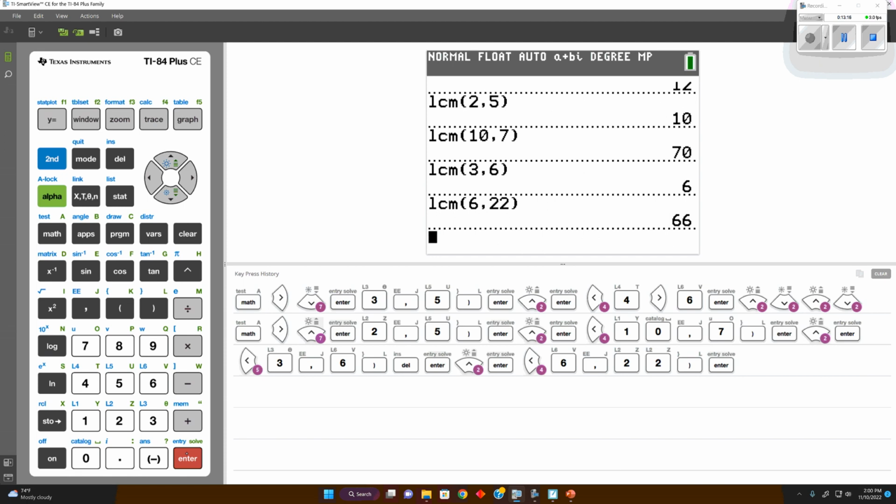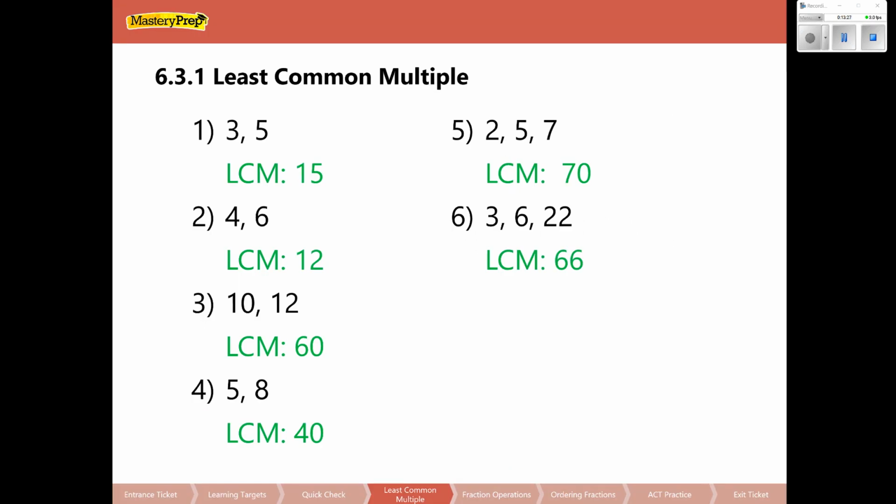So when we have 3 or more, we can do 2 of them, figure out what that least common multiple is, and then do the other one as well. 66.